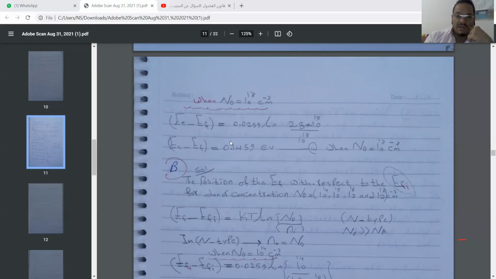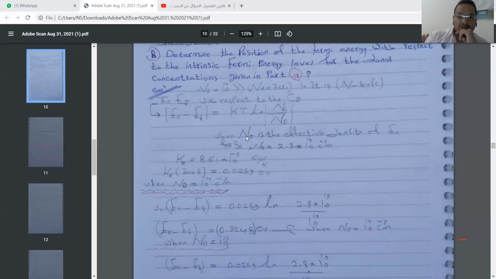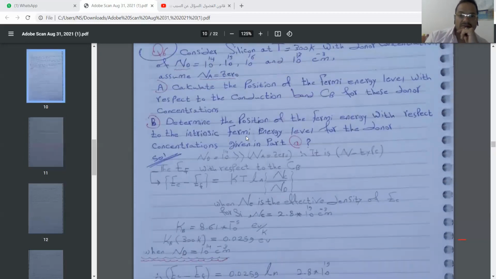Here the donor concentration at the conduction band equals exponential 17. This bracket will equal 0.145 electron volt. Now let's go to another important requirement.